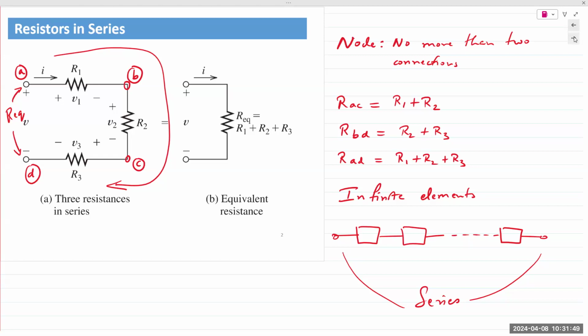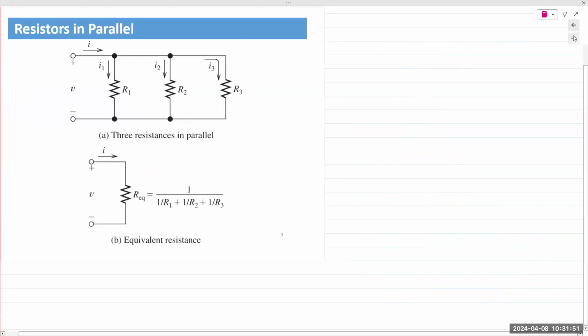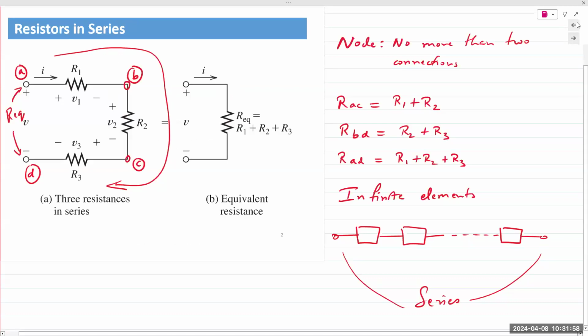Speaking of remaining the same, if we go to a parallel connection, voltage remains the same. So here we can write current remains the same.